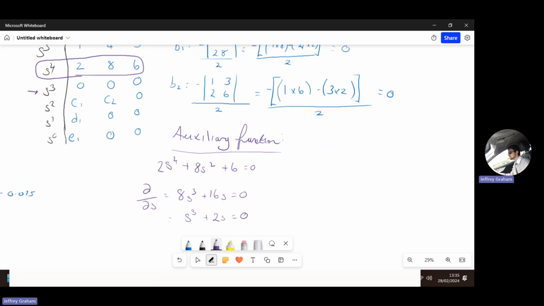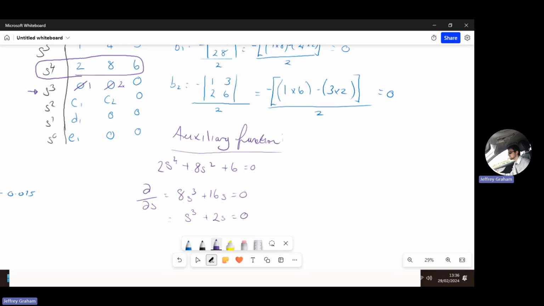We're going to slot into there, the s cubed row. And the coefficients are 1 and 2.